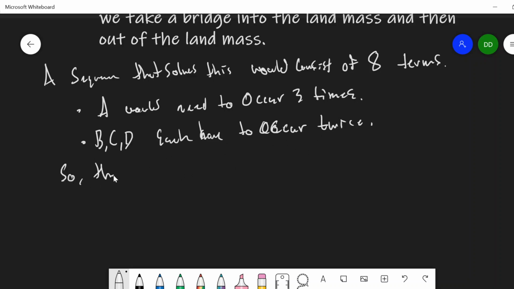So there must be 9 total terms. Of course, this is a contradiction, right? We can think about this as looking at the degrees of each landmass. We would need 9 total terms to cover the bridges, but any solution is exactly 8 terms to cover the 7 bridges. And so this is a contradiction.